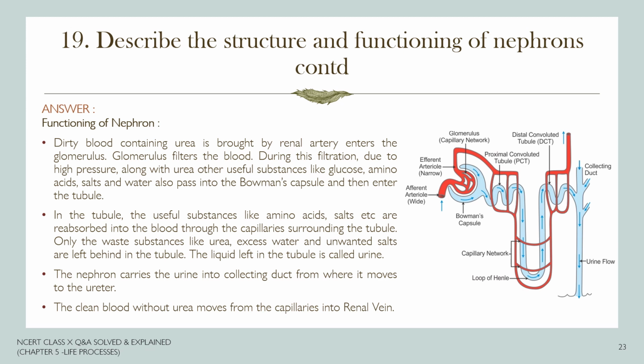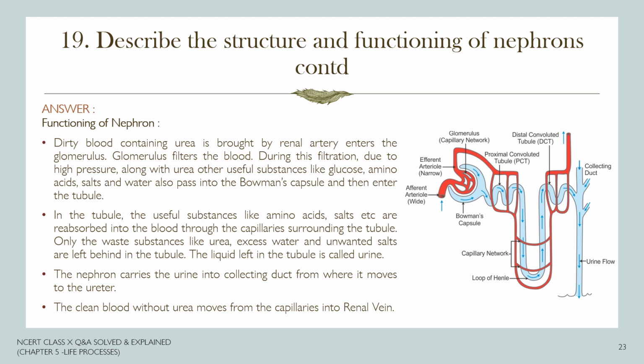Now in the tubule, the useful substances like amino acids, salts, etc., they get reabsorbed into the blood through the blood capillaries, and only the waste substances like urea and excess water, etc., are left behind in the tubule.